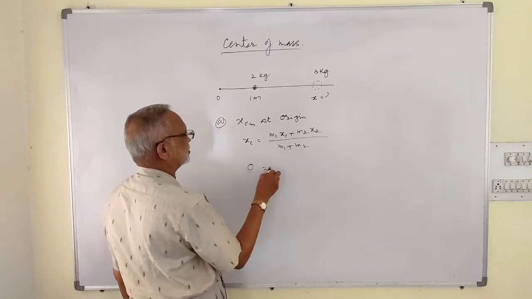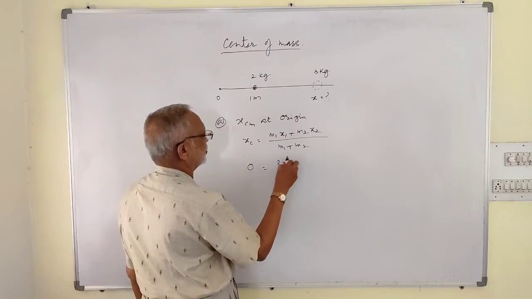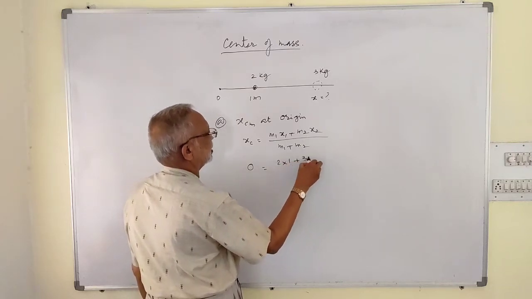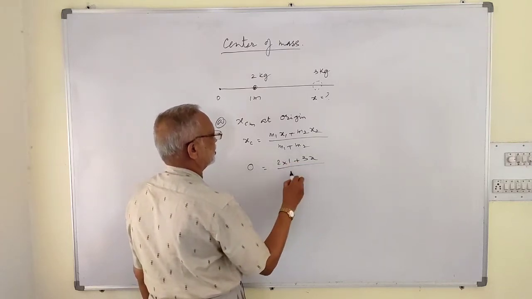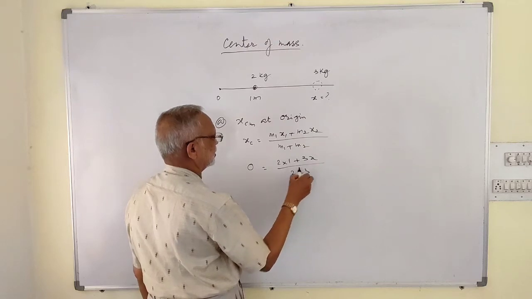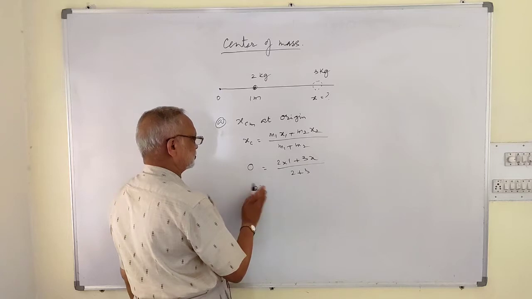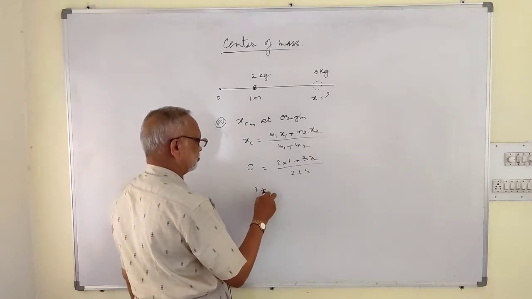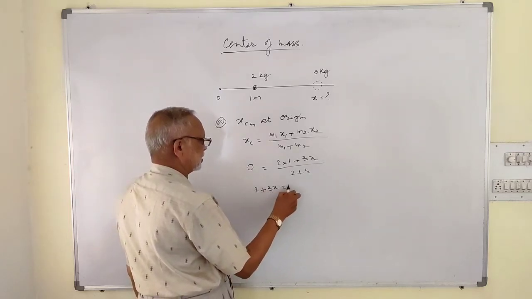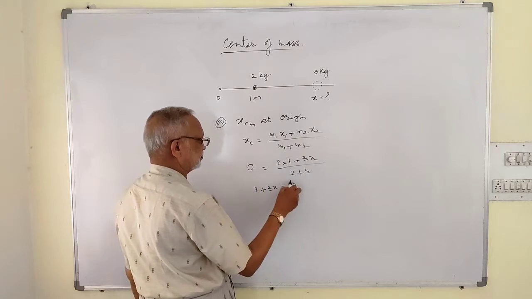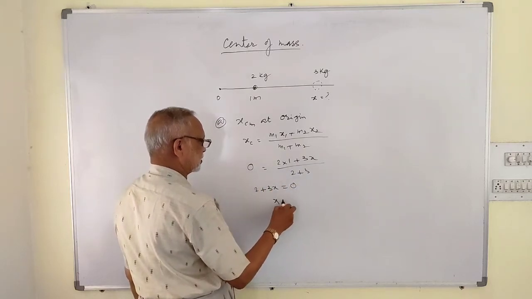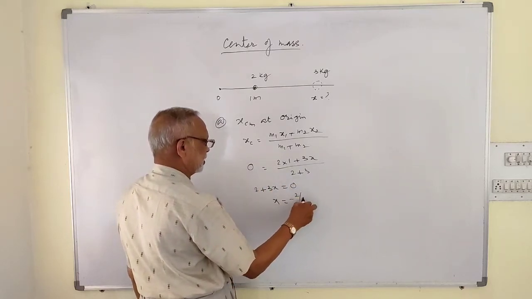Since x is 0, we have got 2 into 1 plus 3 into x divided by 2 plus 3. So 2 into 1 is 2 plus 3x is equal to 0 into 5 is 0. So x is equal to minus 2 by 3.